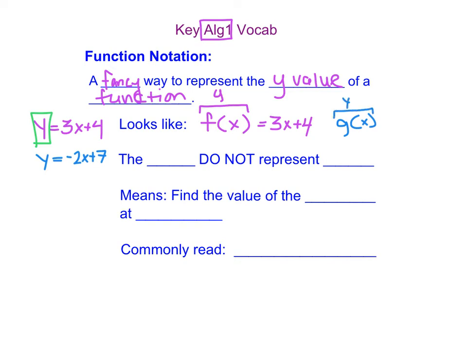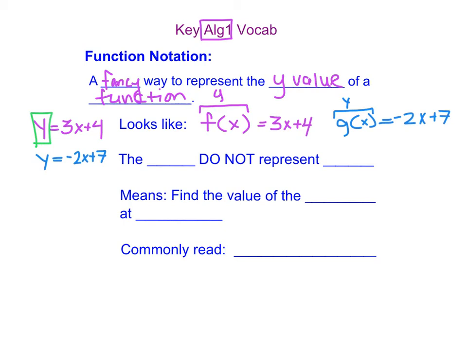So we have g of x equals negative 2x plus 7. So what function notation allows us to do is have multiple equations on our screen, and we can then distinguish between them instead of having multiple y's and multiple x's. If we use function notation as a fancy way to represent y, we can actually distinguish between our different equations.